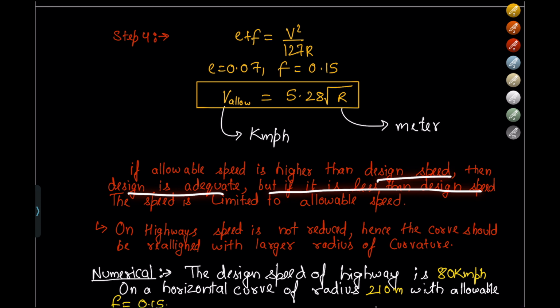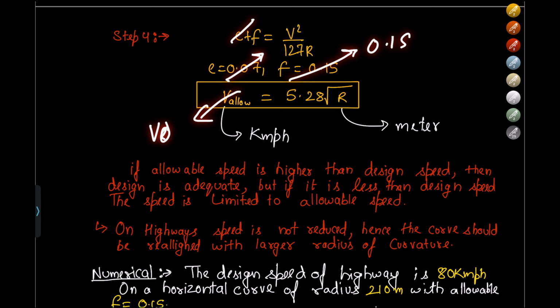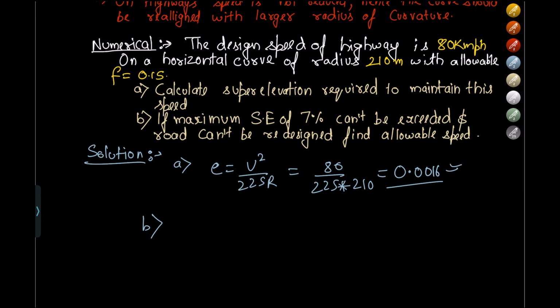For that, E is fixed as 0.07, F is fixed at 0.15, and V allowable is fixed to V design, and for that we need to calculate the radius, right?